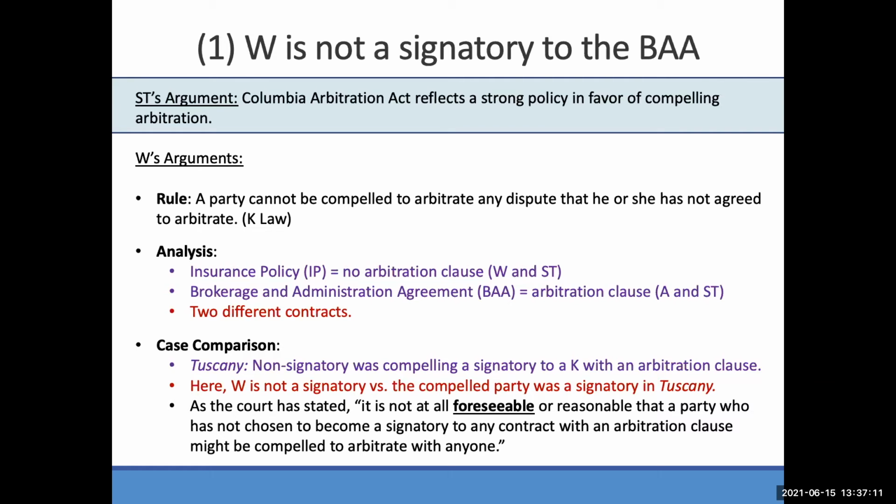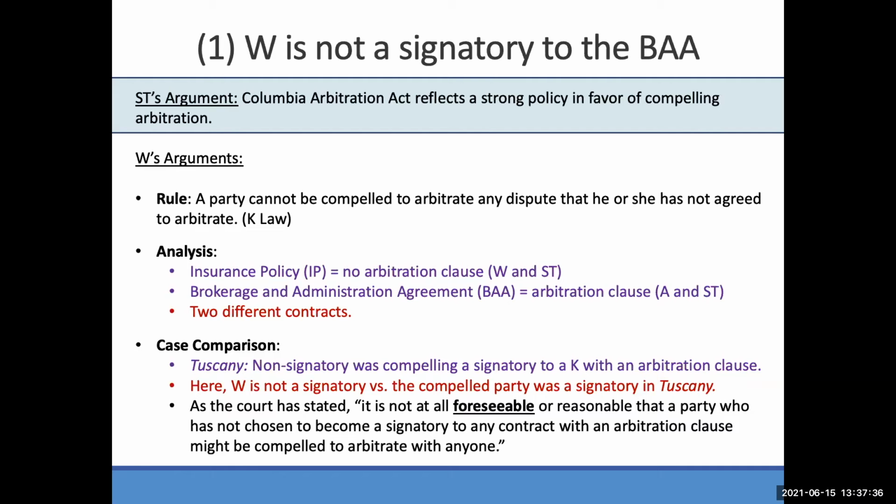So essentially saying it's not foreseeable that we, Western, would know we have to do arbitration if that wasn't included in our insurance policy contract with SecureTrade, right? We didn't know anything about the brokerage agreement. We weren't a signatory. It's not the same as the Tuscany case. Now, this was the first issue you should have dealt with. Any questions about this one before we move on to the next issue?